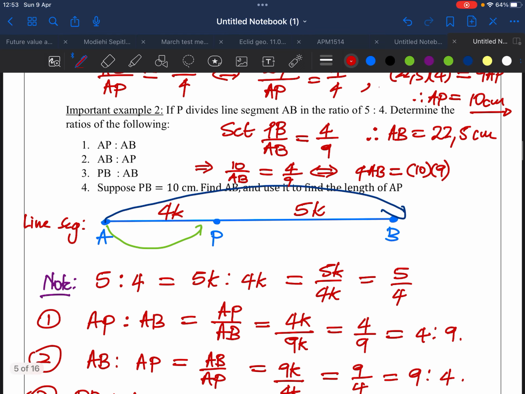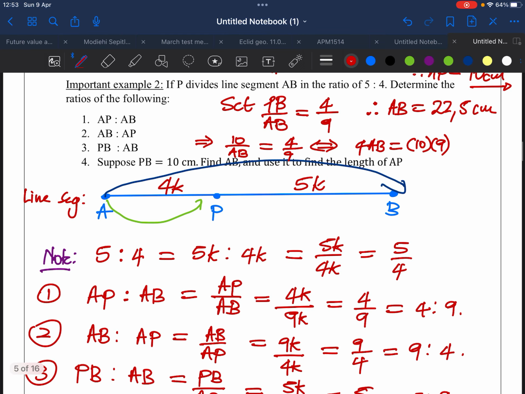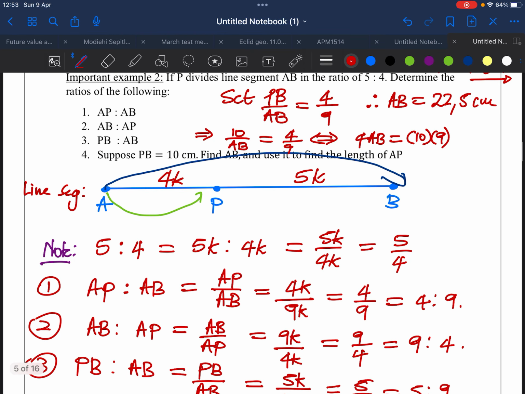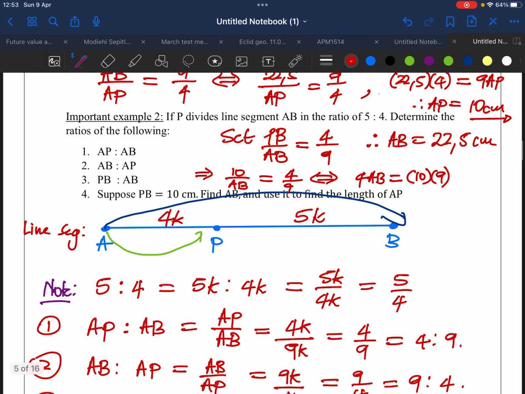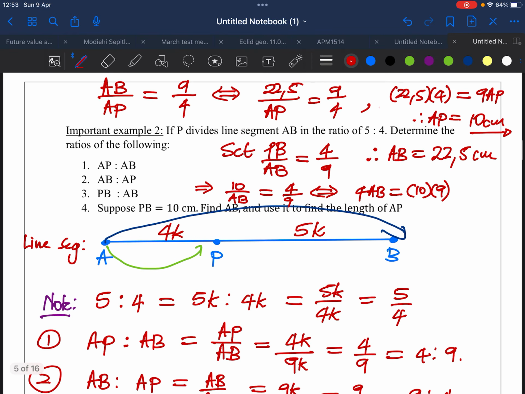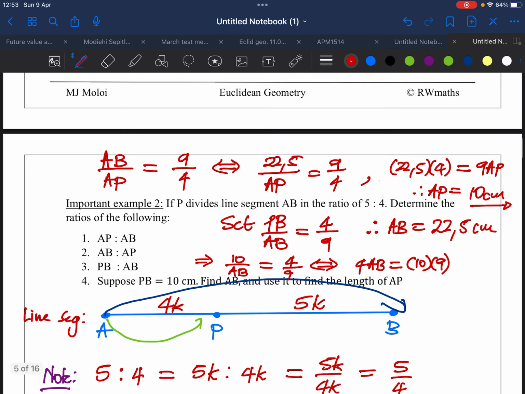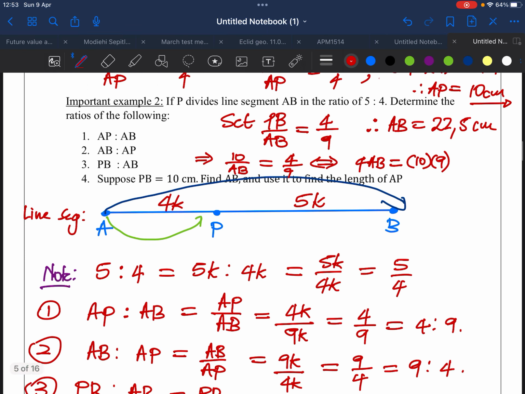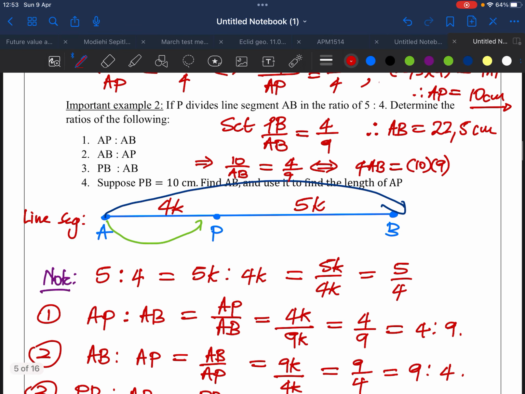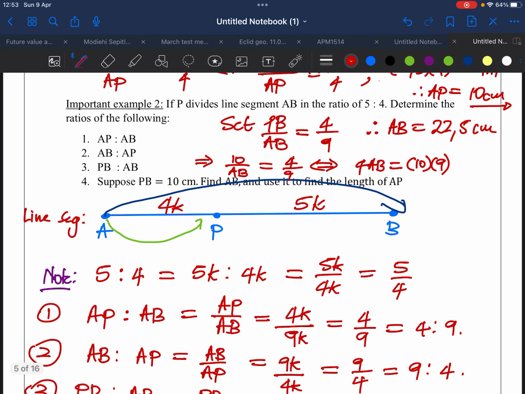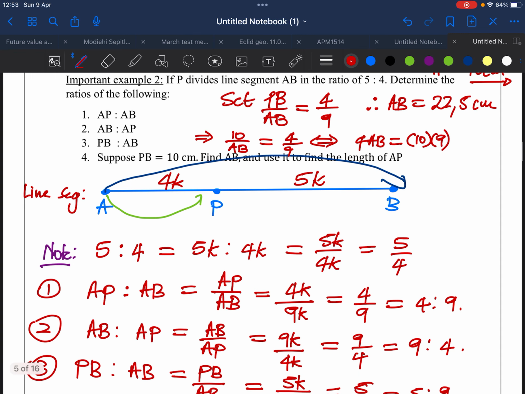I hope this is clear to everyone. This is how we solve important example 2. Please make sure you write this example in your own handwriting, and if you have tried this question, review your answers, review how to do this question.